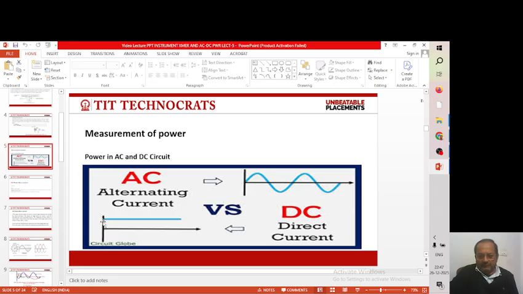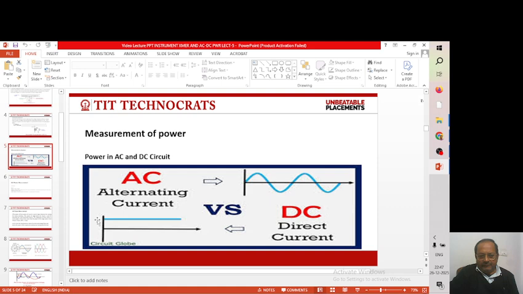So here we can see voltage is taken on the y axis and current on the x axis.